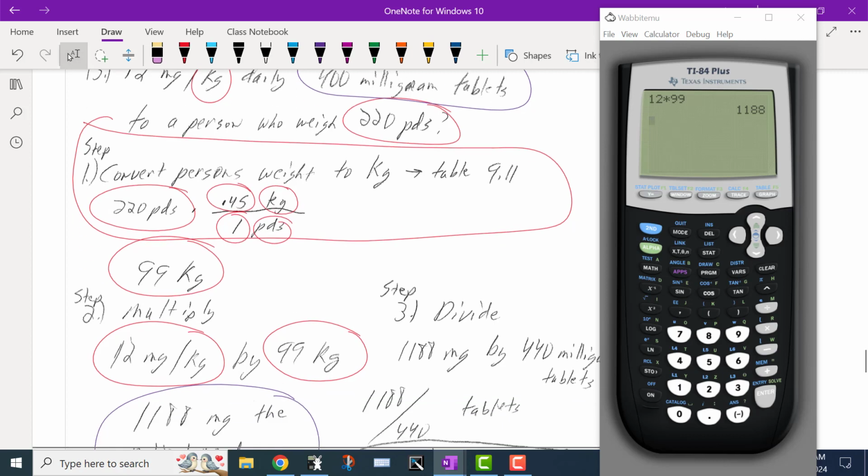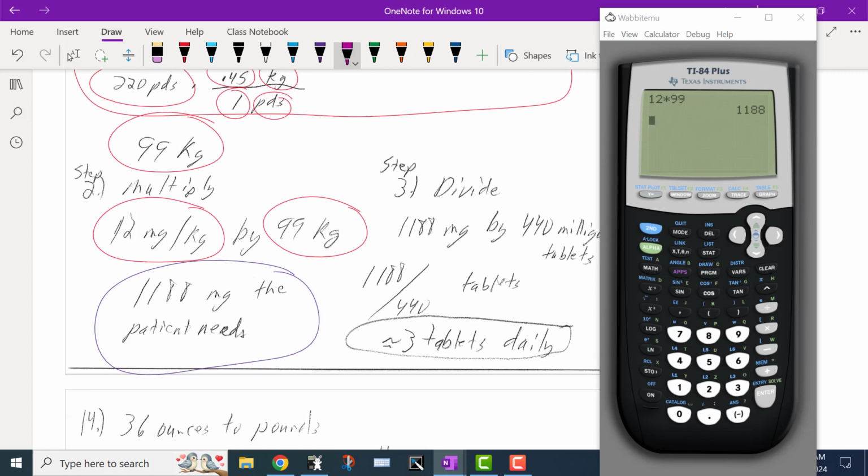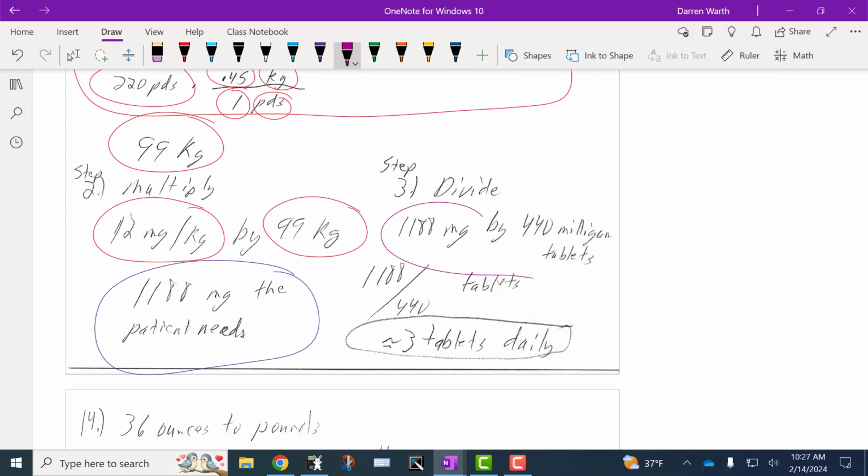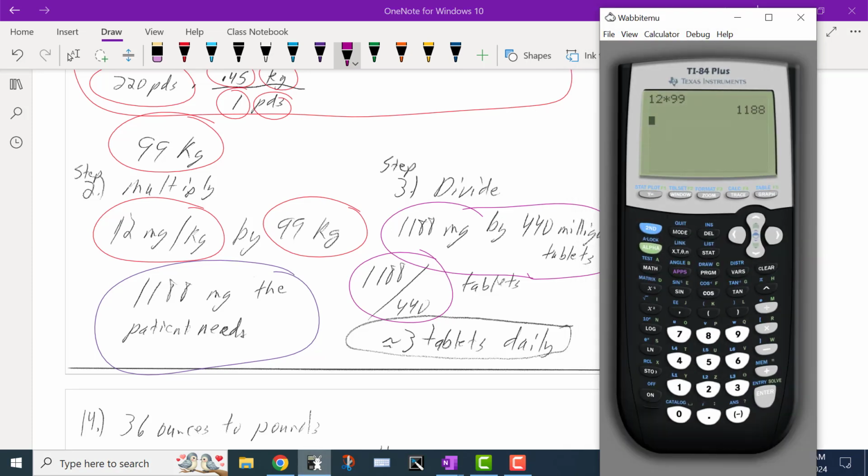So we're going to take our 1,188 milligrams and divide that by our 400 milligram tablets. 1,188 divided by 400 comes out to be 2.97. So approximately, we're going to round that off to approximately 3 tablets daily.